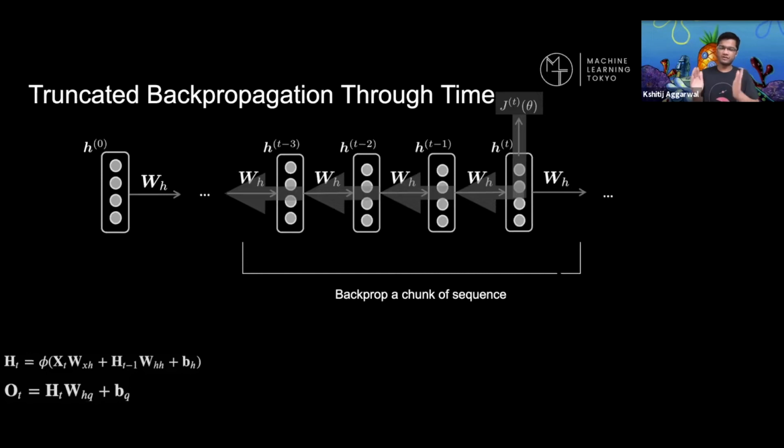So we'll say that we'll only propagate it till, let's say, 20 samples or 5 samples or 4 sequence words, and we just propagate the backprop till here and calculate it here, and then move on to the next chunk, do it, move on to the next chunk, and so on. So this is sort of a solution, because in the case of RNNs, you would otherwise have to propagate the gradients throughout the whole sample.